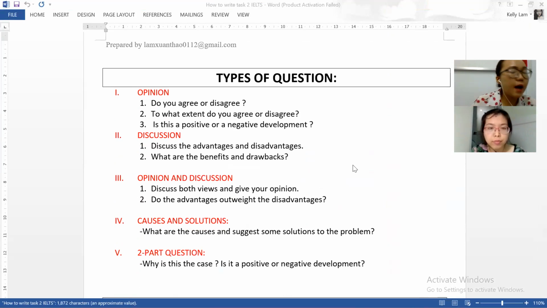Do you remember how many words we have to write at least? In task 2, at least 250. Very good. So you have to write at least 250, which is about maybe 20 to 23 sentences, with an average of like 10 words a sentence. So more than 20 sentences.